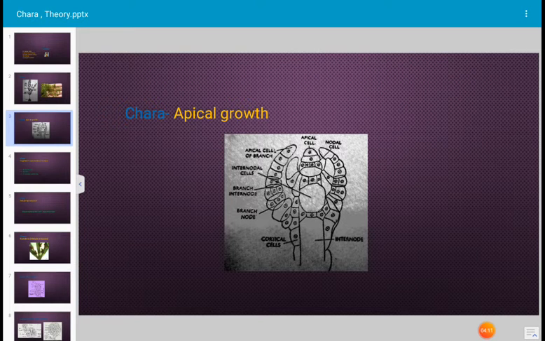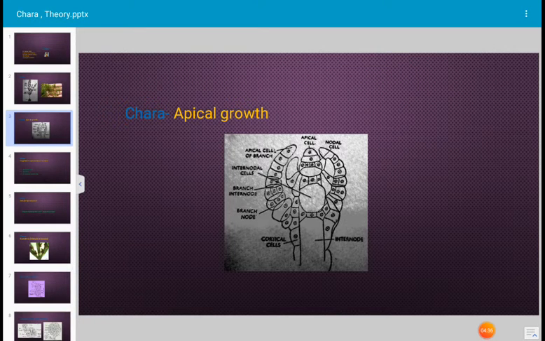The nodal initial divides and redivides to form a plate of nodal cells from which the branches as well as rhizoids arise. The internodal initial remains undivided but simply elongates and matures into an internodal cell.